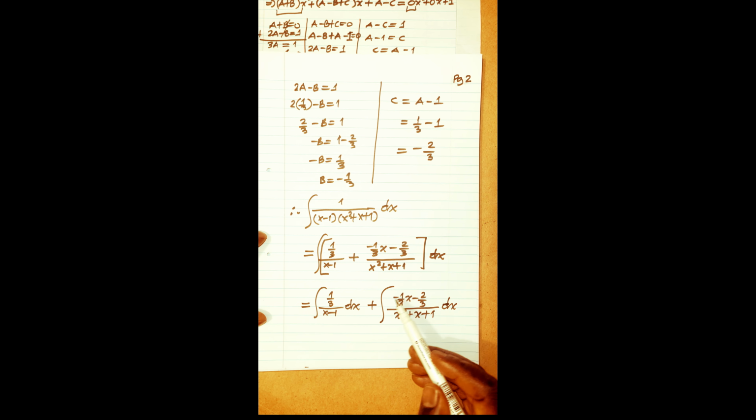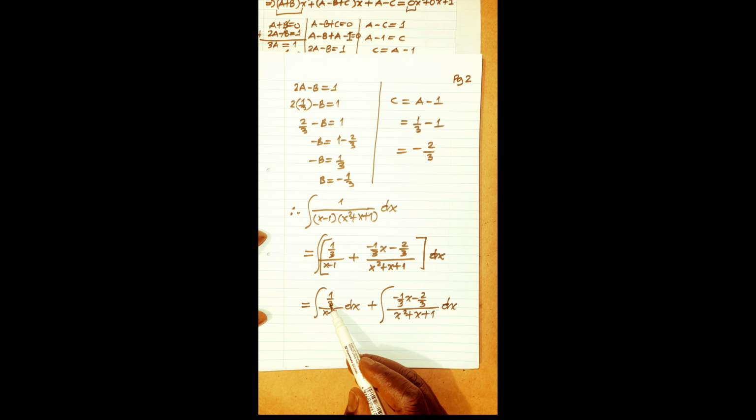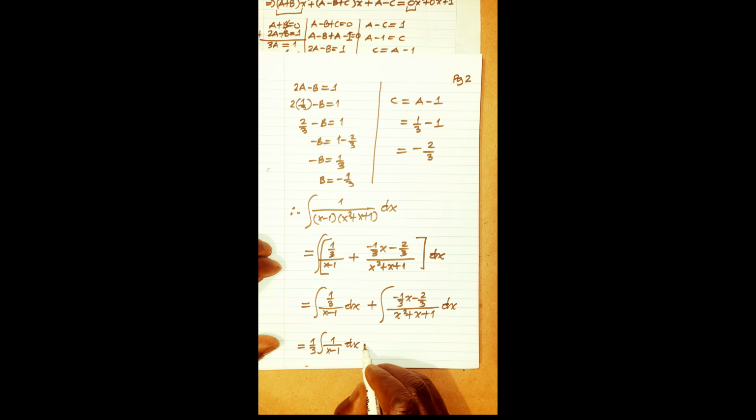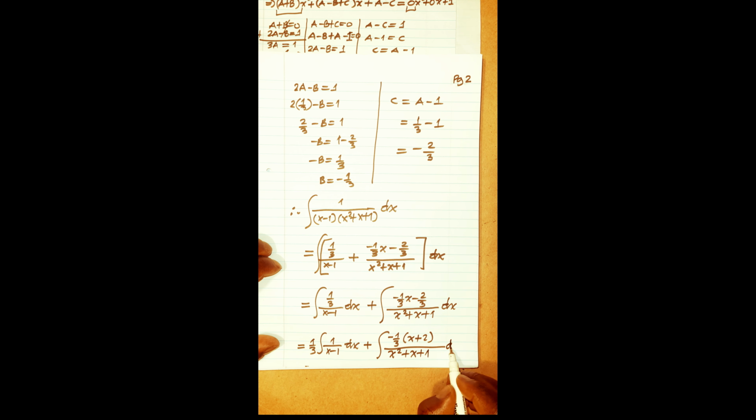Now, of course, I'm going to have to factorize the numerator here, and I'm going to have to take 1/3 out because it's a constant. So basically, we are saying 1 over 3, the integral of 1 over x minus 1 dx. And then this part here is going to be plus the integral of, take 1/3 out, and then you're going to have x plus 2 basically, all over x squared plus x plus 1 dx.